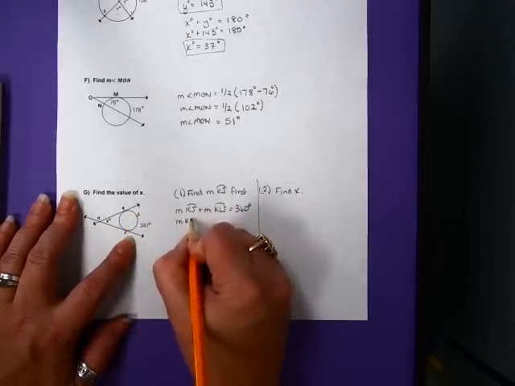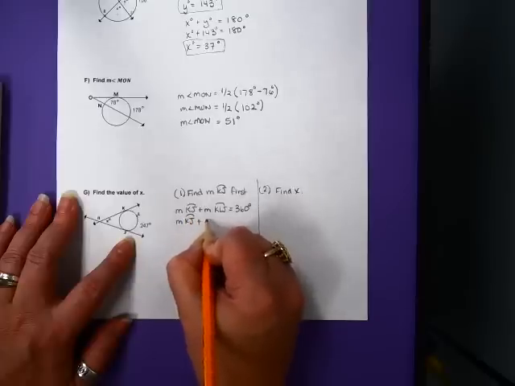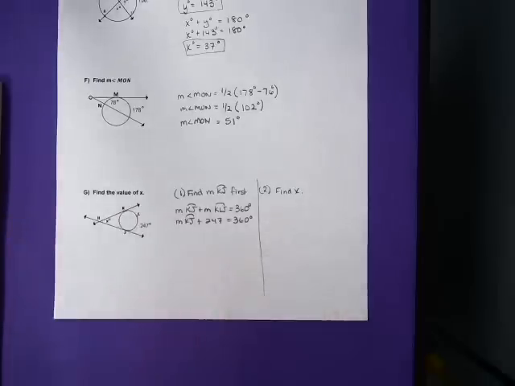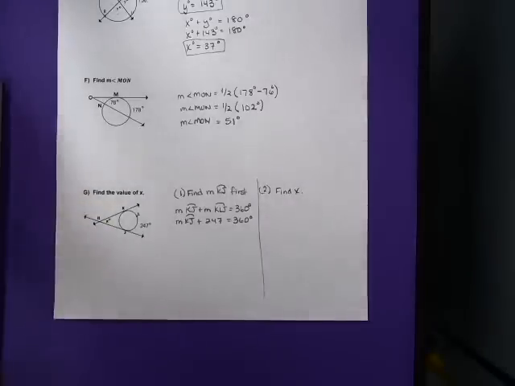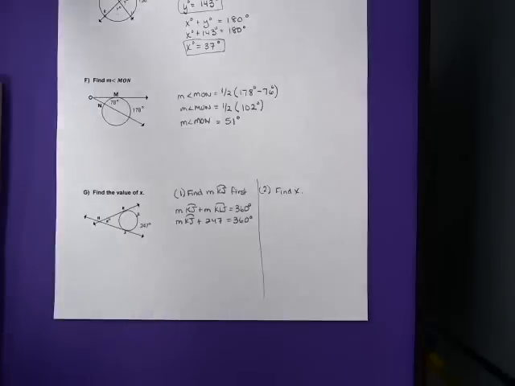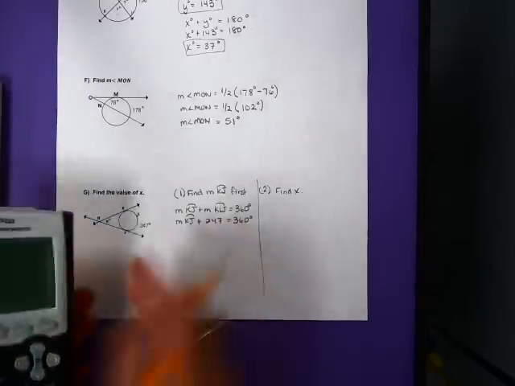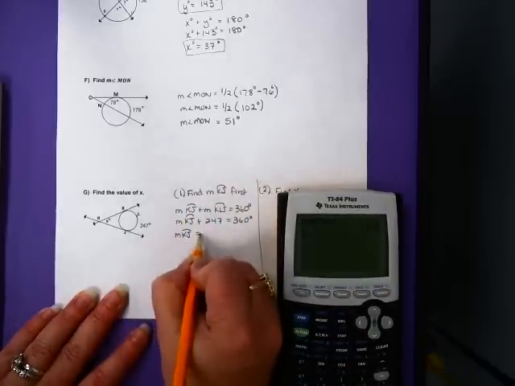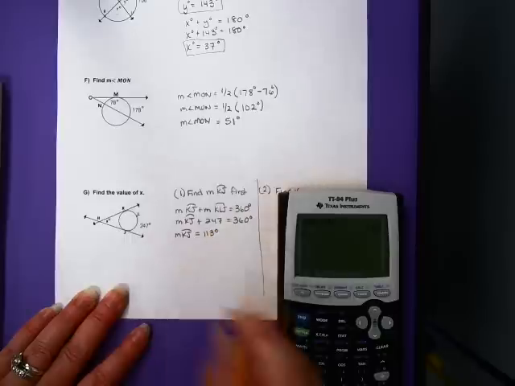So the measure of KJ plus 247 equals 360 degrees. Subtracting 247 from both sides, you get 360 minus 247, which is 113. So the measure of KJ is 113 degrees.